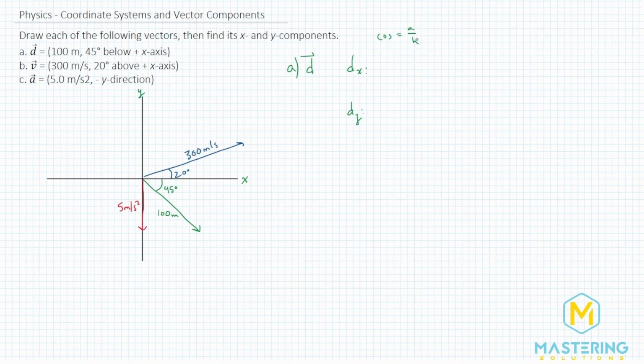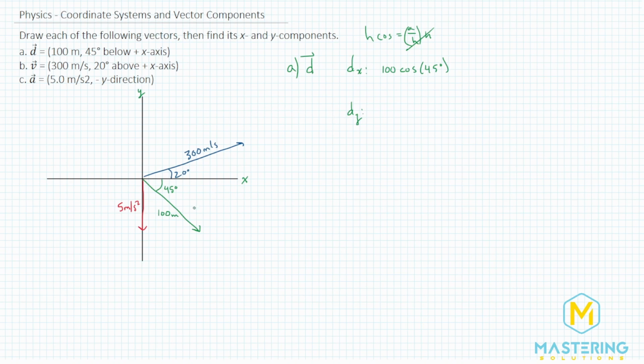We want to isolate the adjacent, so we'll multiply both sides by h. h in this case is 100. So for the x component, it's a positive 100 times the cosine of the angle 45. I'm going to wait and plug the values in for x and y together just to save a little bit of time.